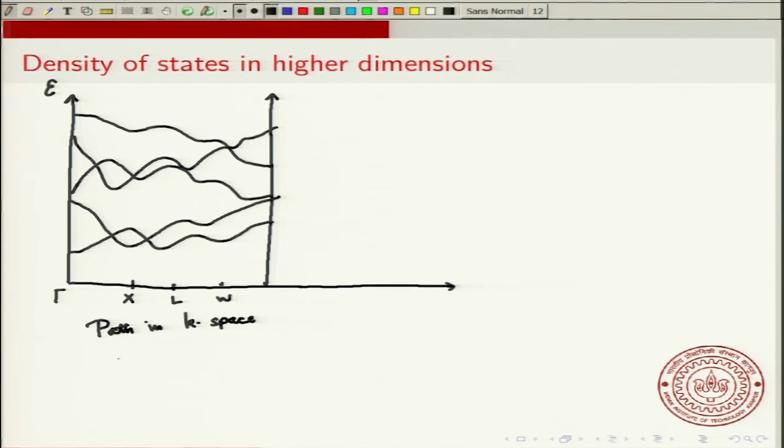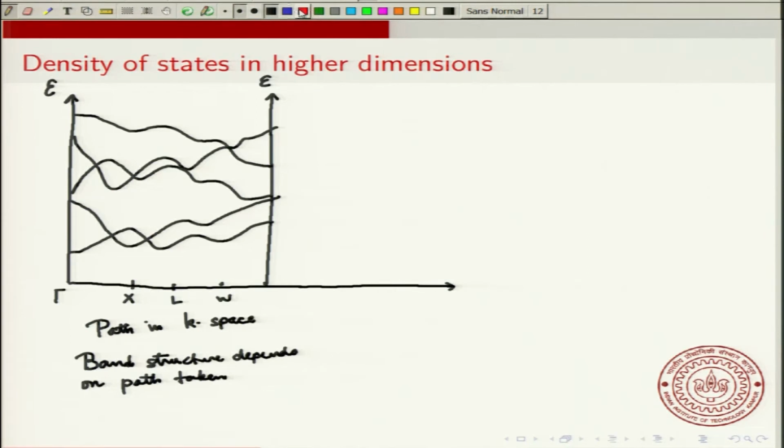So the band structure depends on path, but the density of states does not depend on the path taken. Density of states just counts the total number of states.